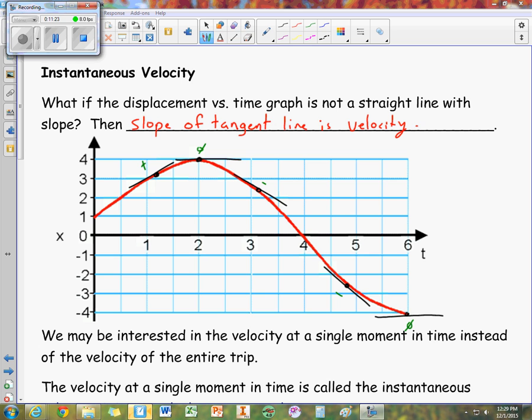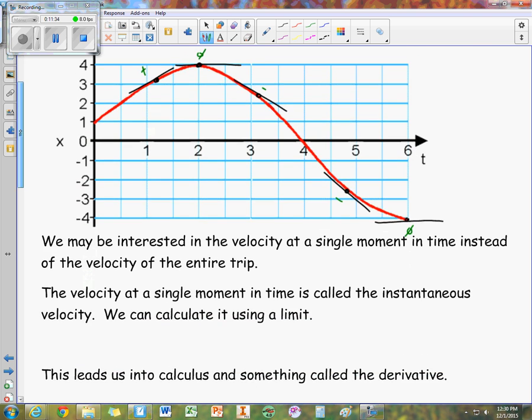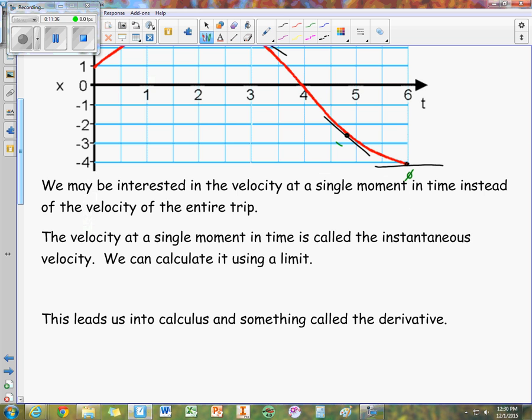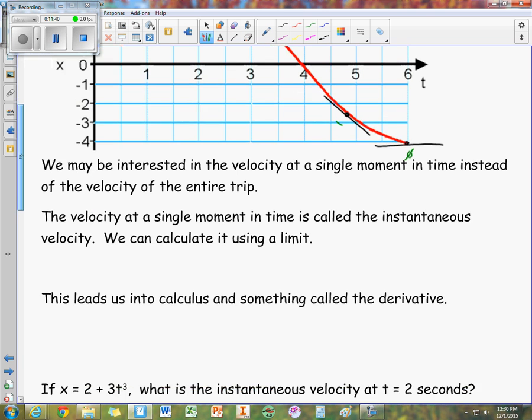And what we want to do is take a look at the velocity at a single moment in time instead of the entire trip, because it's changing. I want to know what the velocity is at a single moment. We call this instantaneous velocity, and we calculate it using a limit.